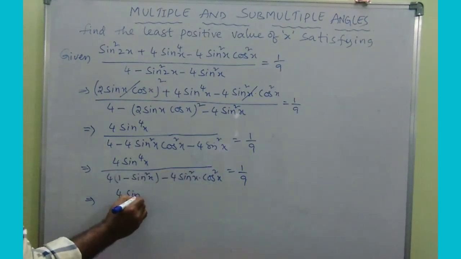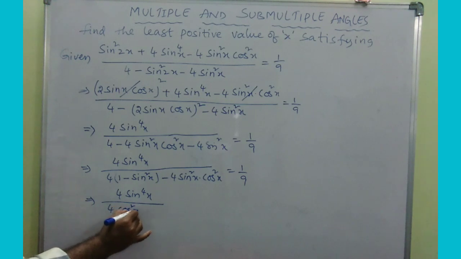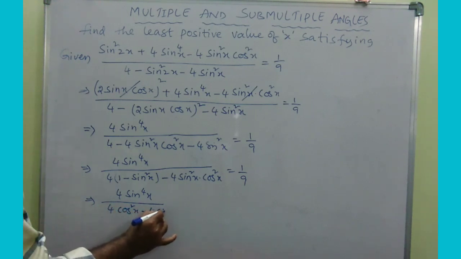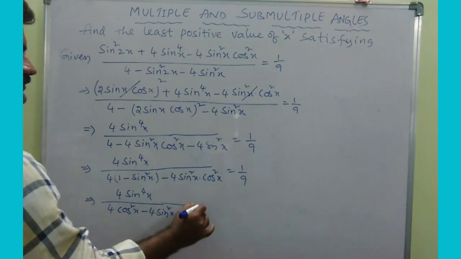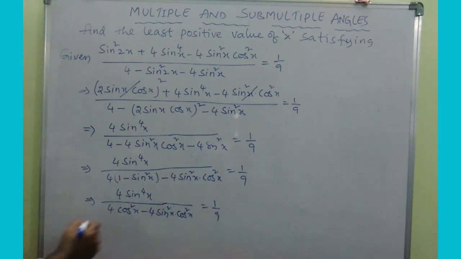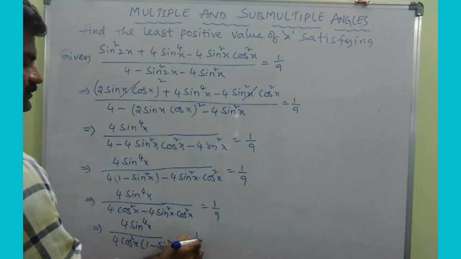So further, this is 4, 1 minus sine square x is cos square x, minus 4 sine square x into cos square x, which is equal to 1 by 9. So therefore 4 sine power 4x by, in the denominator we can take 4 cos square x common, then this is 1 minus sine square x, which is equal to 1 by 9.